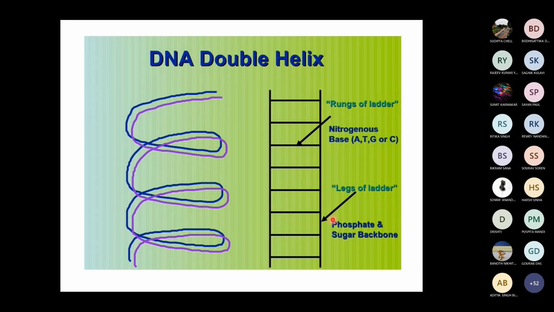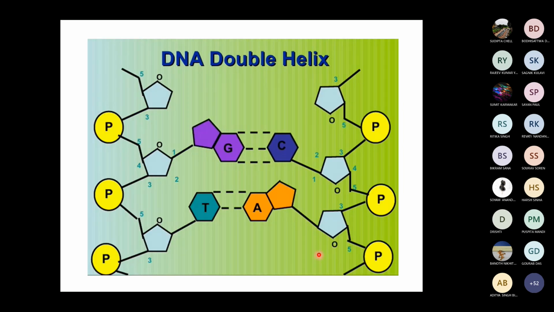I was discussing the phosphodiester bond. So phosphate and sugar are forming these two strands, while the middle part, the rungs of the ladder, the joining part, are formed by the nitrogenous bases. So the nitrogenous bases form the middle part, and the two strands of this ladder are composed of the phosphate and sugar backbone.